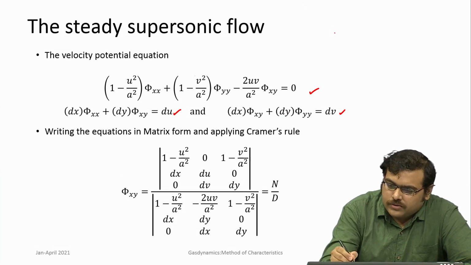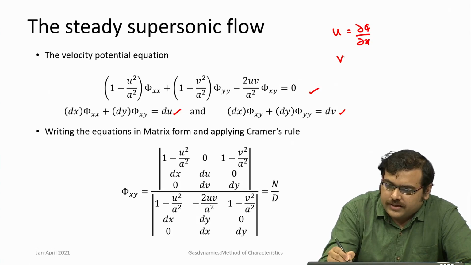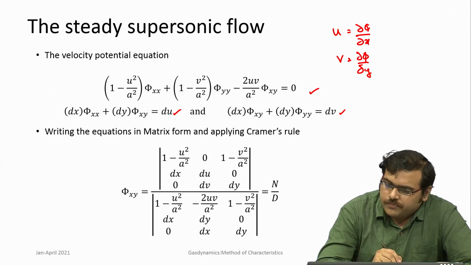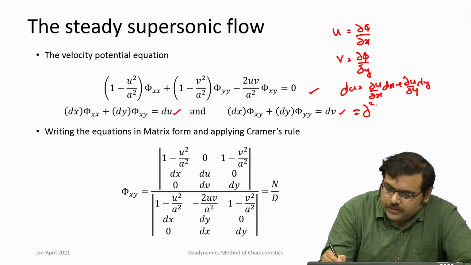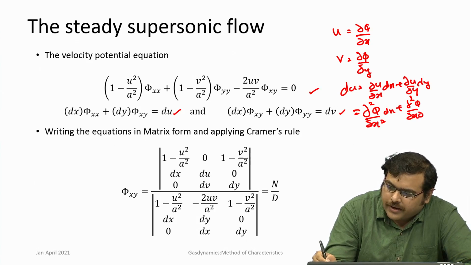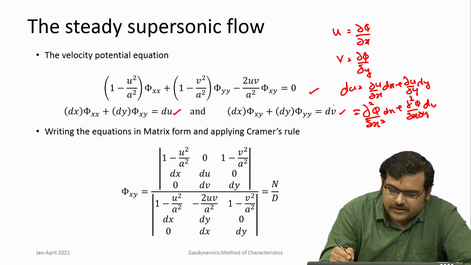So, you know that u is dou phi by dou x and v is dou phi by dou y. So, now du is dou u by dou x dx plus dou u by dou y dy. This is dou square phi by dou x square dx plus dou square phi by dou x dou y dy, which is what is written here.